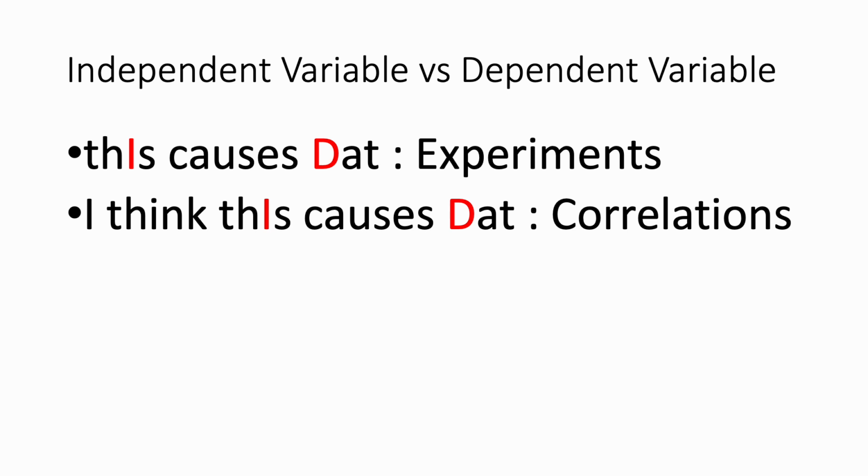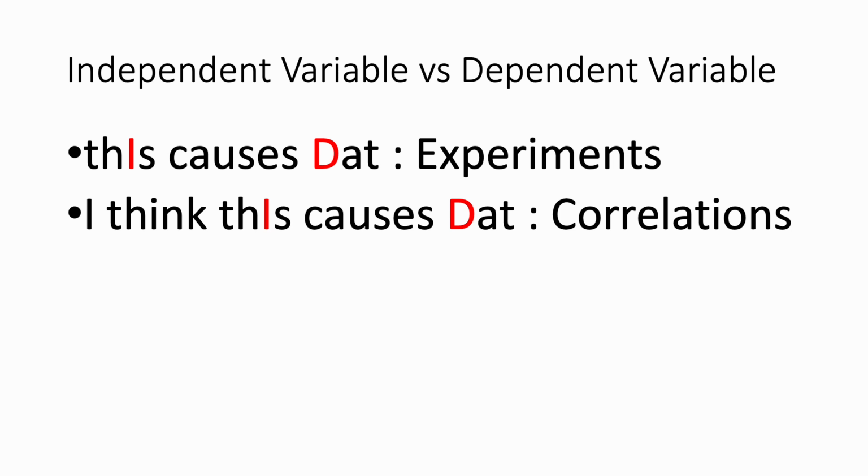Now, in true experiments, I can just state it that way. But in correlational designs, I can say, I think this causes that, right? Because remember, in correlational designs, you have to choose what the IV and DV are. Now, some of you really hold on to these traditional IV-DV definitions that worked in 6th grade, but those really only work for true science experiments, and the way they taught it to most of my students appears to be that they only taught you that there's always a control and experimental condition.